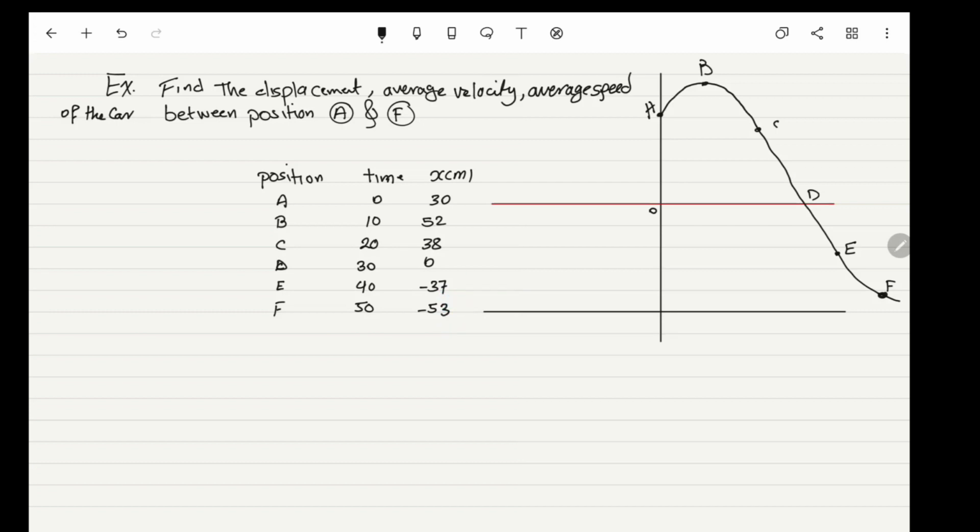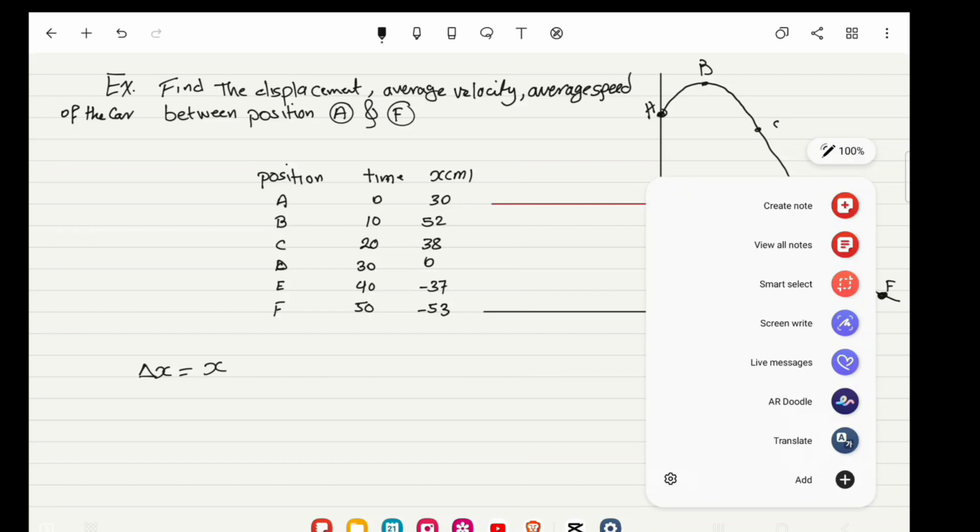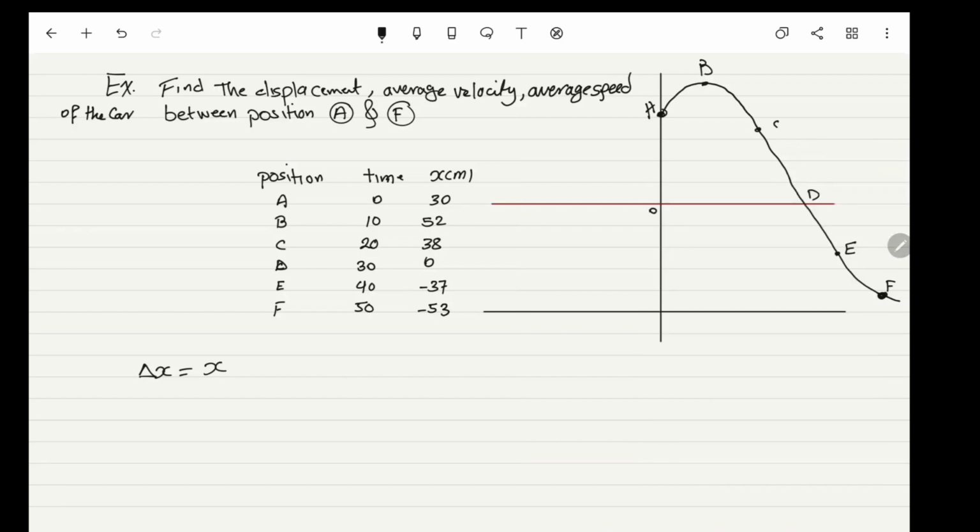Now, to find the displacement, displacement equals delta x. Between the positions A and F, all we need here is the initial and the final position of the car motion.